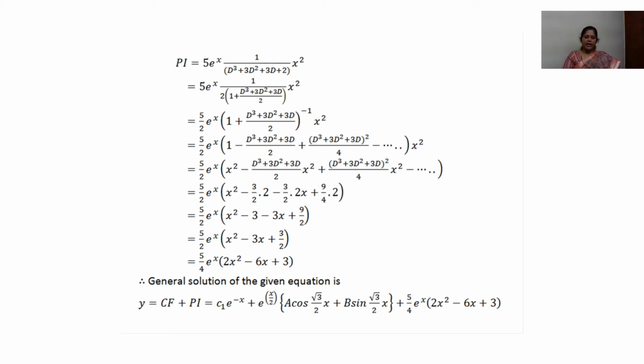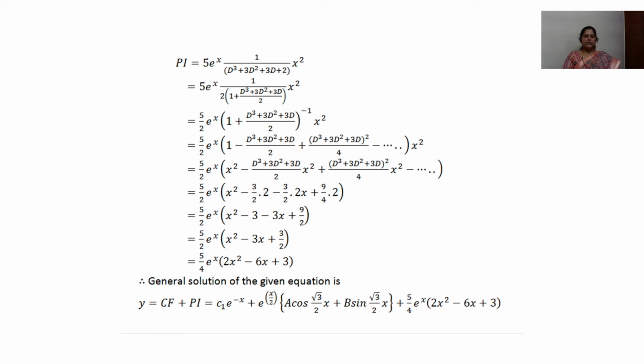Then next, minus 3 by 2 into D square into x square. If D square into x square, it means we have to differentiate x square 2 times. If you differentiate the first time, we will get 2x. If you go for the second time, we will get 2. That's why it is minus 3 by 2 into 2. Then next term is minus 3 by 2 into D of x square. D of x square means only one time we have to differentiate x square. That's why we got 2x. Then from the third term we have to consider 3D whole square by 4.